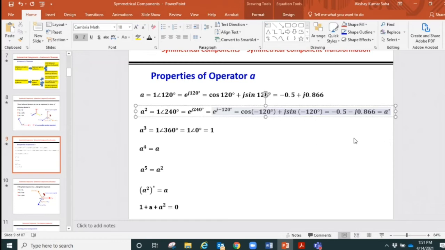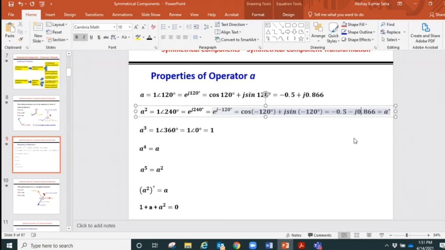We also see from observation that it's the conjugate of a, because the sign of j has changed. So a squared is equal to a conjugate, and that value is minus 0.5 minus j 0.866. We need to remember these things because it will make our calculations easy.